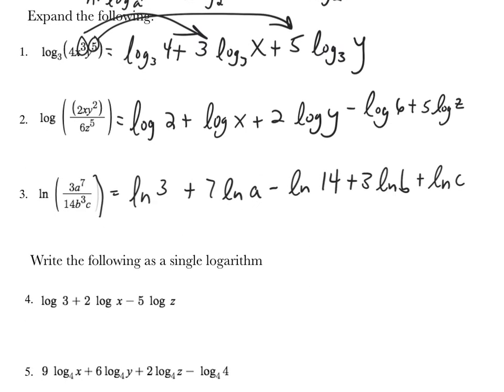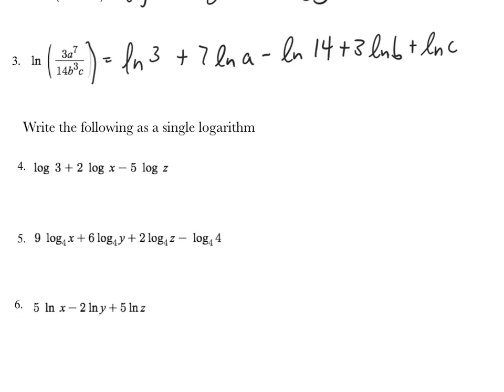And then the next part of this, you are asked to condense something that's written. So this first one, I noticed they're all logs. So I'm going to say log of 3x squared over z to the 5th.